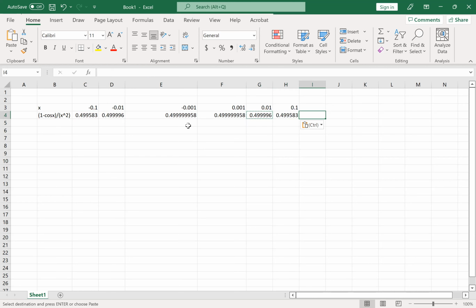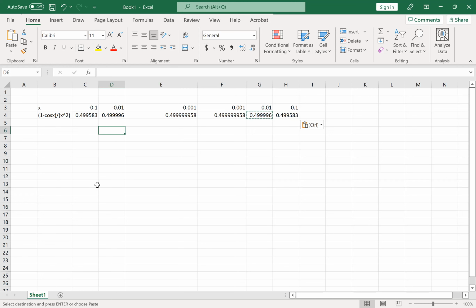From this calculation we can guess that the limit is 0.5 or half. Of course, we have to verify how we obtain the value of the limit, but let us take a look at the calculation.